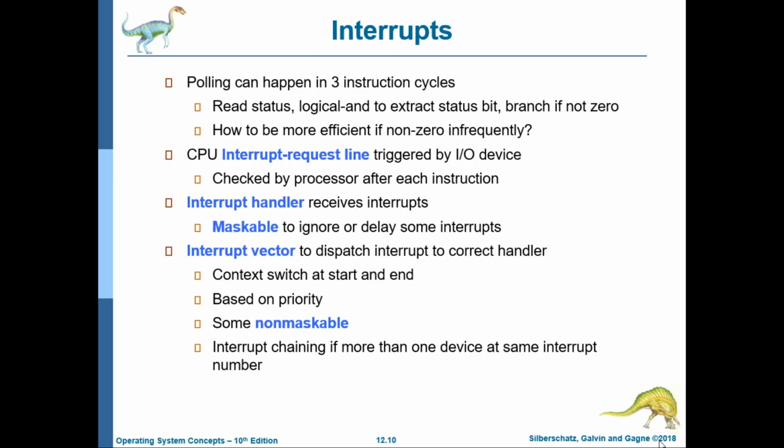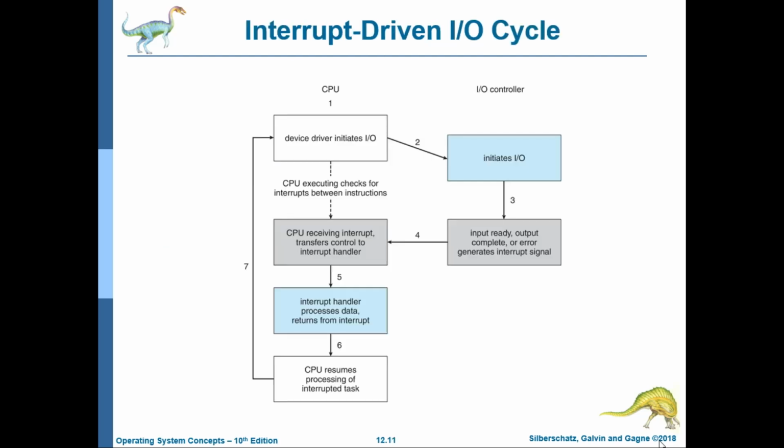Some are non-maskable, which means you cannot ignore that interrupt; you have to service it first. And then interrupt chaining is used if more than one device is at the same interrupt number. You have already seen this in the previous chapters, the interrupt driven I/O cycle. So again, for number one, this is the CPU.